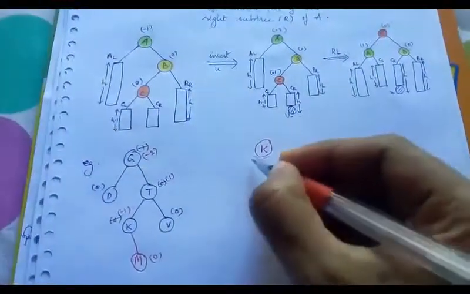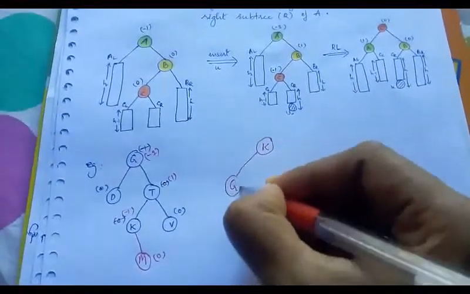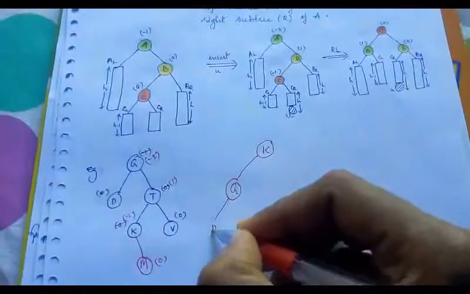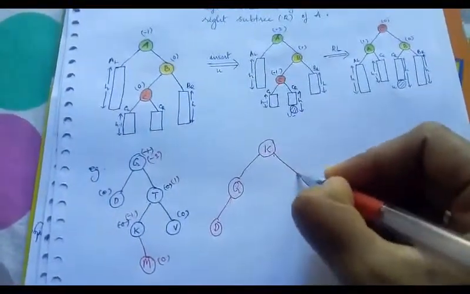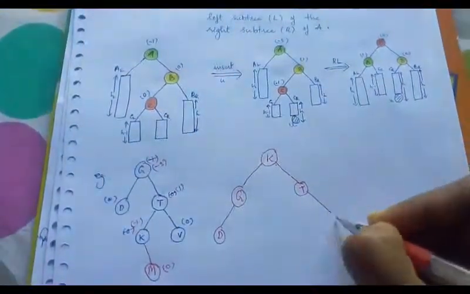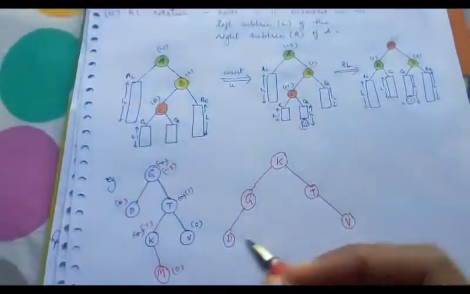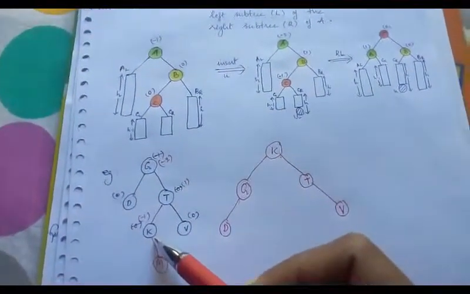Then this G will be shifted to the left along with its subtree, and now to the right of K we have T along with its right subtree, and the remaining node we have to insert is this M, which will be shifted to the right.